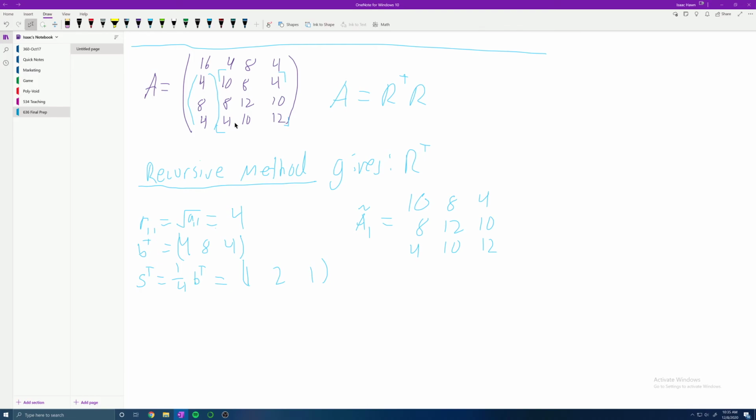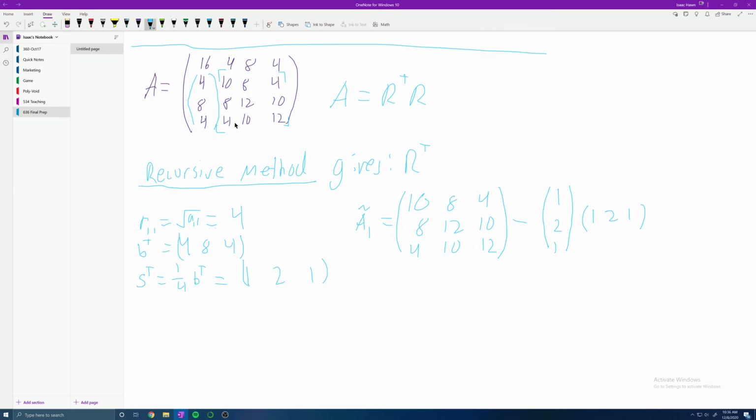And what we're going to do is take S and multiply it by S transpose, and subtract that from this. S is going to be 1, 2, 1 like this, and we're multiplying by the transpose of S, which is 1, 2, 1 again.